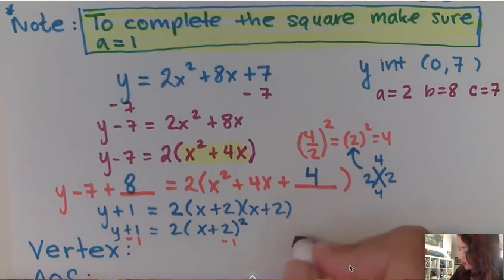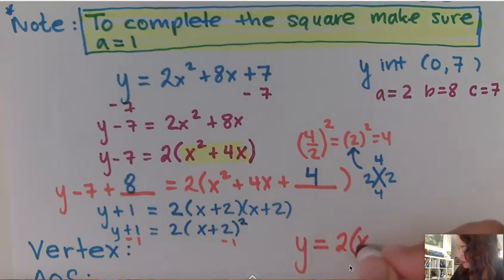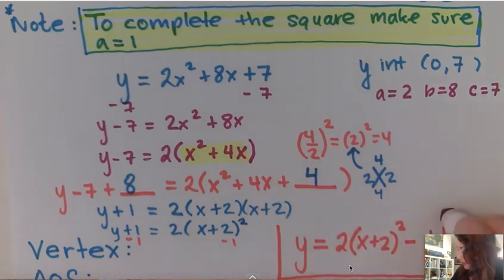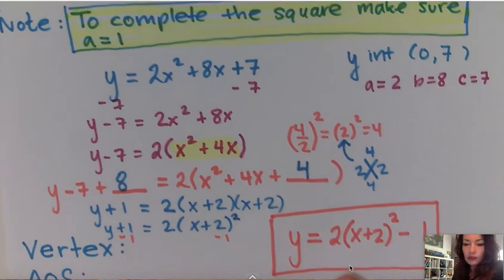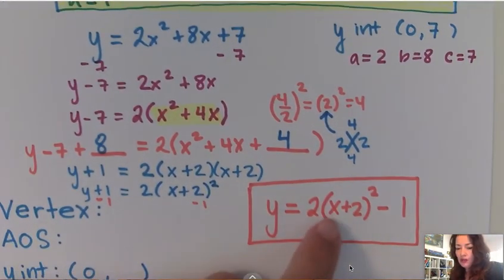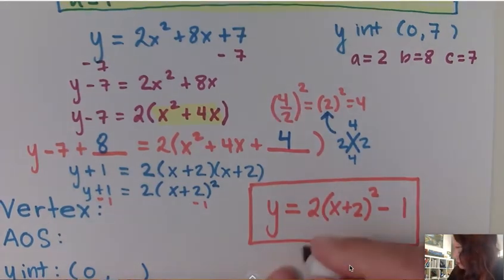So therefore, our equation in vertex form is y equals 2 times (x plus 2) squared minus 1. Now let's check to see that we get a y-intercept of 7 if we plug in 0. So if I plug in 0 here, I would have 0 plus 2, which is 2.